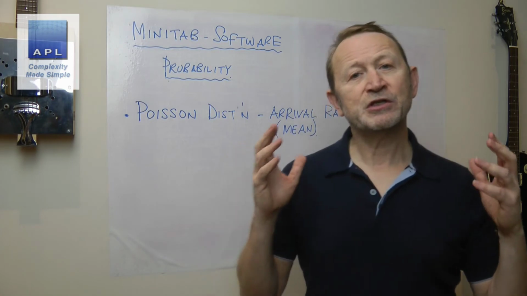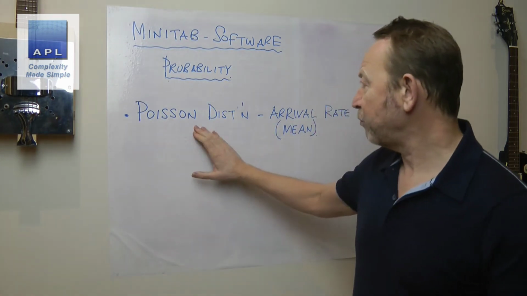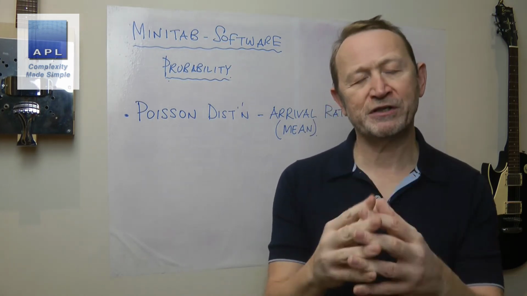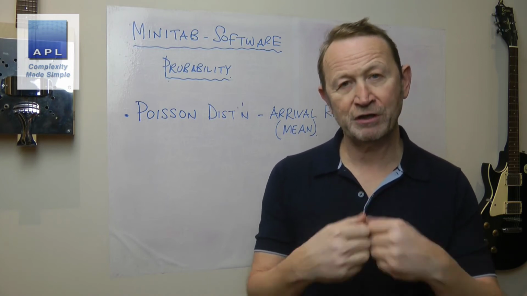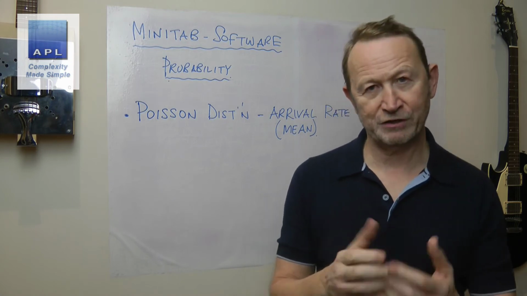Okay, now we're going to take a look at how Minitab deals with the Poisson distribution. Now the Poisson distribution in your business is a slightly specialist distribution, but it typically appears when you have an arrival rate.